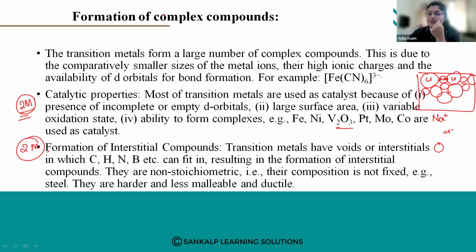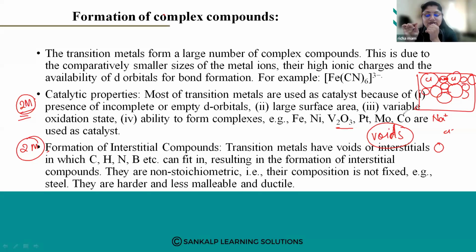Now, what are interstitial compounds? You can see that there are some gaps, right? They are called voids. Voids means the small gaps between the big crystal lattice. So that is called a void, or a small space.